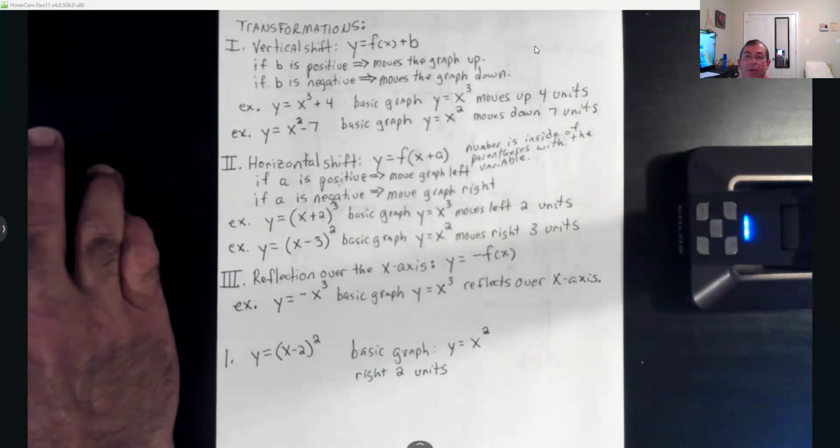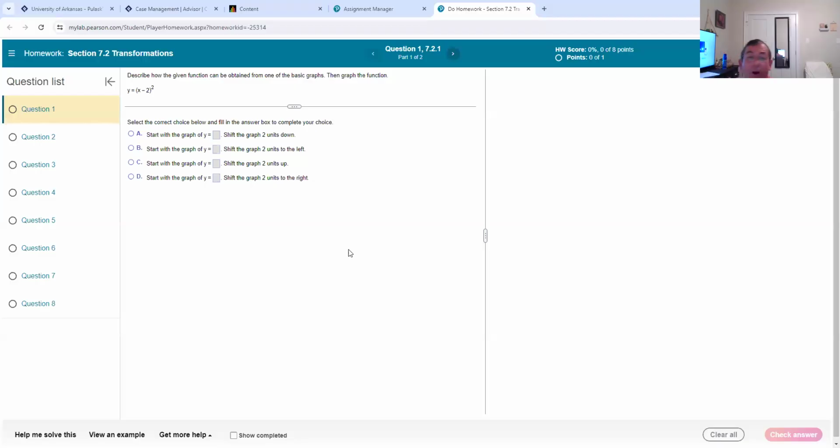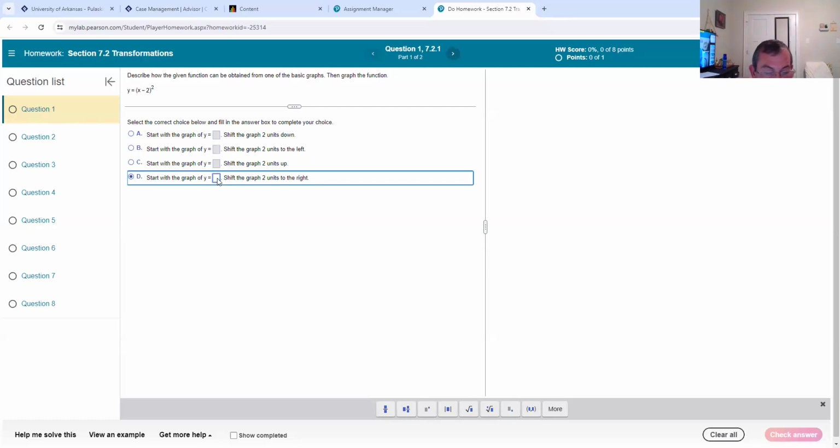So y'all, let's share our screen and go to the MathLab now. So ours went right 2, so you got to find, let's see, A, B, C, looks like D. So you got to get the one that had to the right. And then here for the y equals, that's where we put our basic graph, which was the x squared graph.